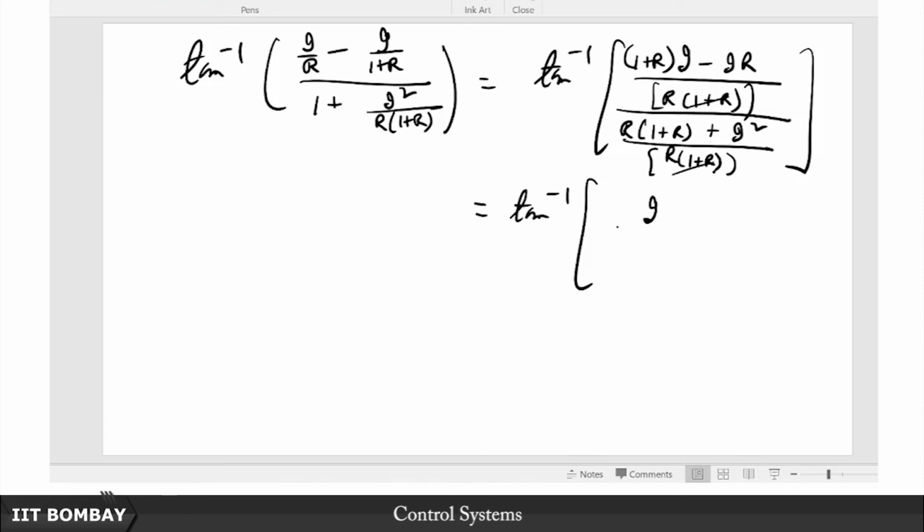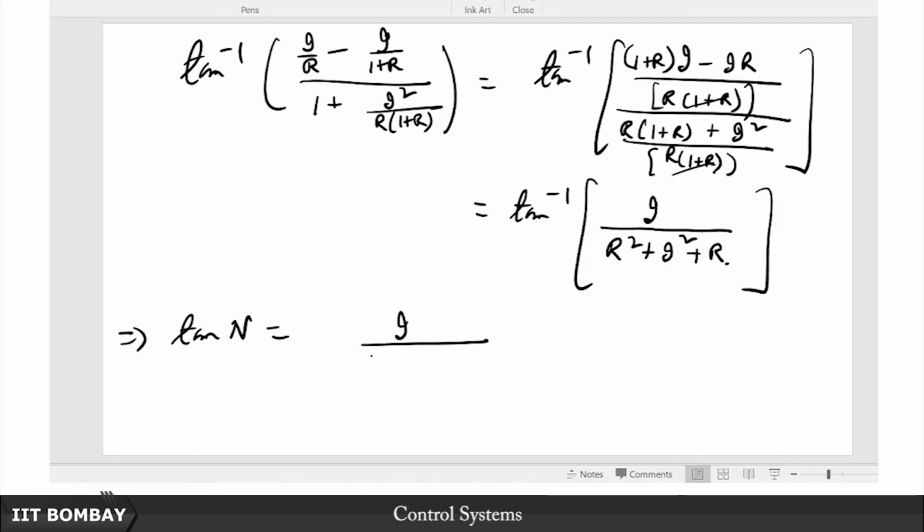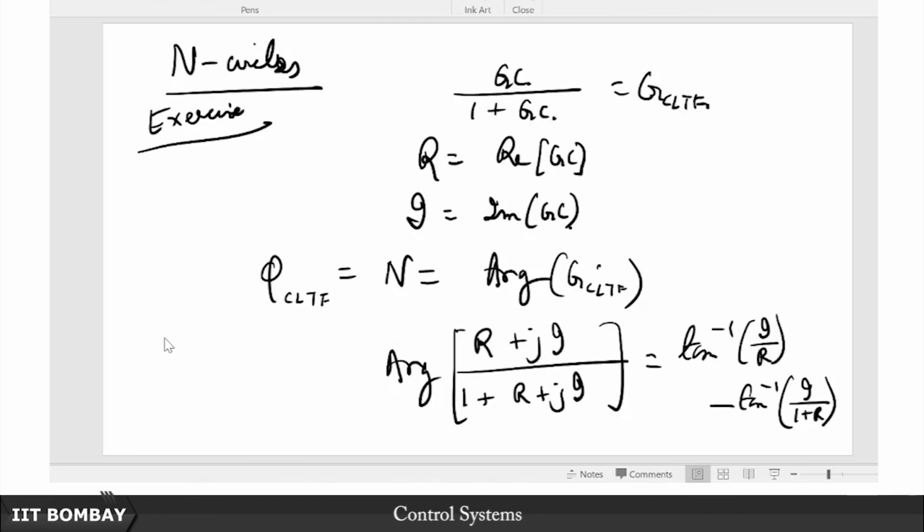Therefore you have I remaining on top, and below you have R squared plus I squared plus R, I believe. Therefore since n is a fixed number, now you have tan n is equal to I upon R squared plus I squared plus R.